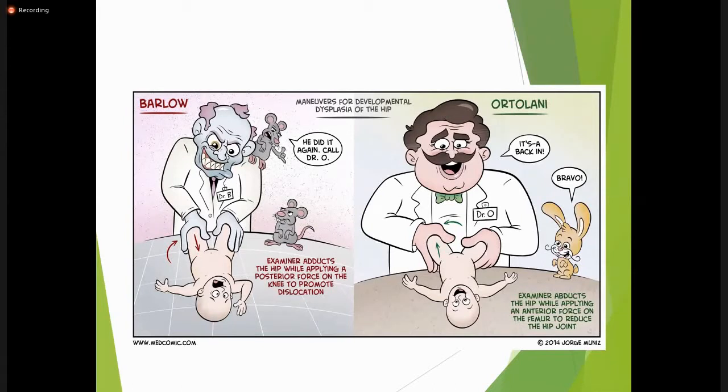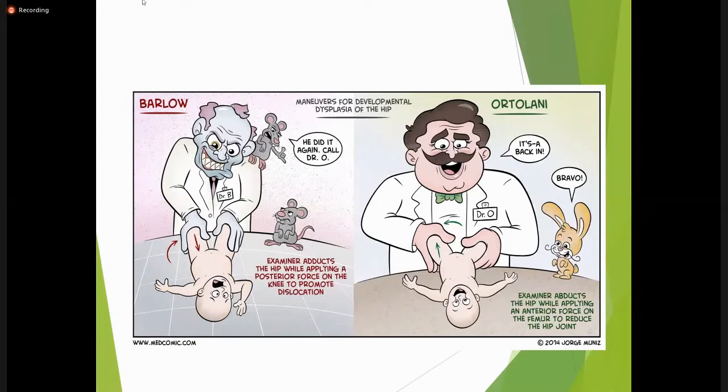And in this adduction, what happens? If there is DDH, meaning that if the hip joint is dislocatable, then the head of the femur comes out of the socket by this maneuver, and you will feel a click-like sound. This should be felt over your fingers, and you can see that this is dislocated.